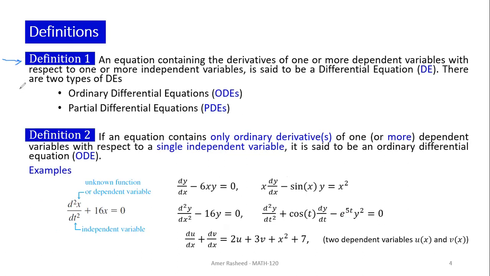Definition 1: an equation containing the derivatives of one or more dependent variables with respect to one or more independent variables. So, any equation which we call a differential equation can involve dependent variables such as y, u, v, and it also involves the derivatives of those dependent variables with respect to x, y, or t, if we assume that x, y, and t are independent variables.